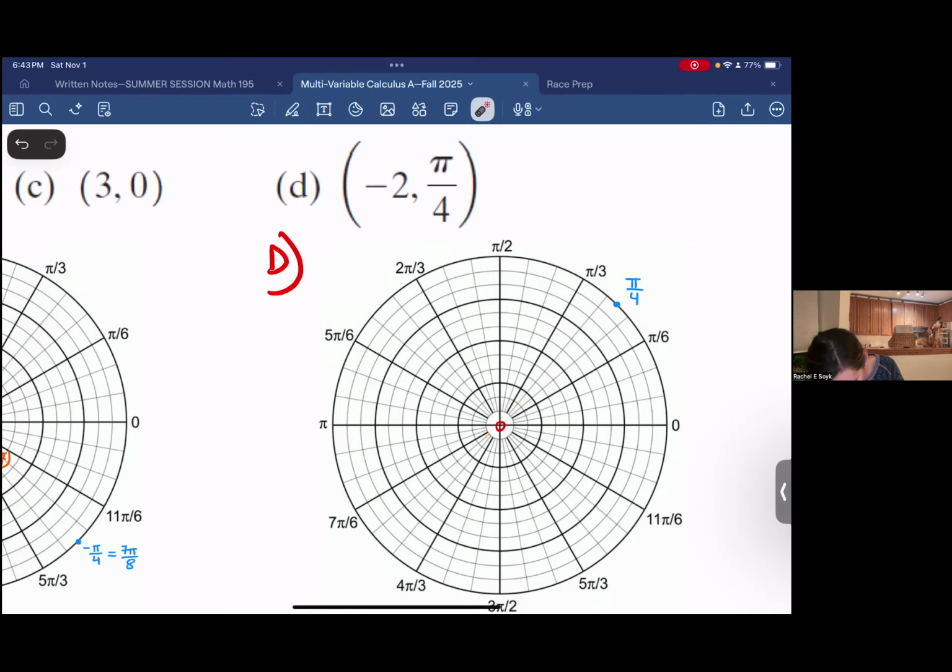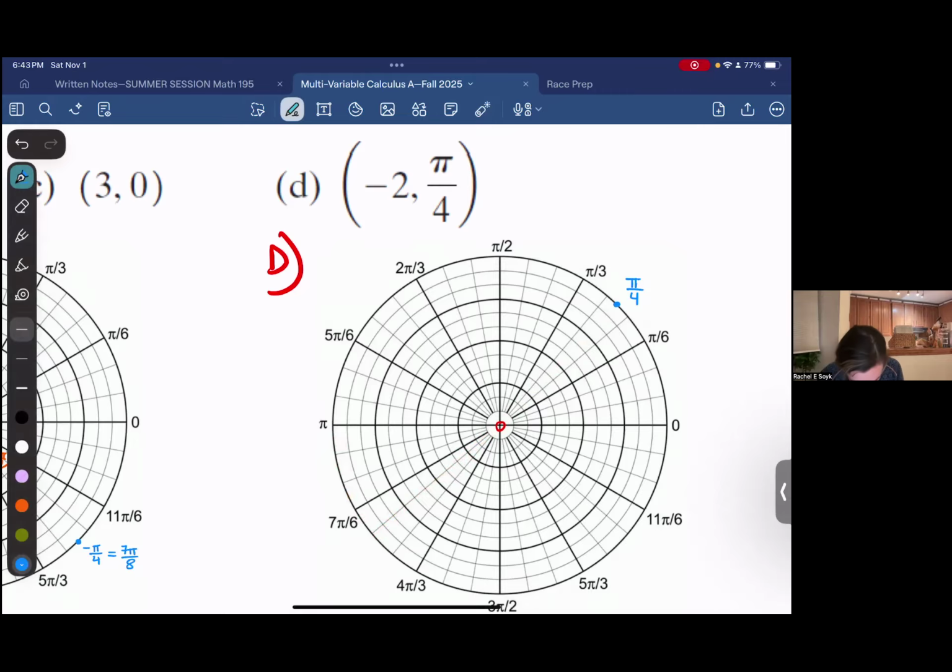So 1, 2, and then maybe I'll actually put, let's see, 1, 2, 3, 4. It's over here. Put that in. And then 1, 2.